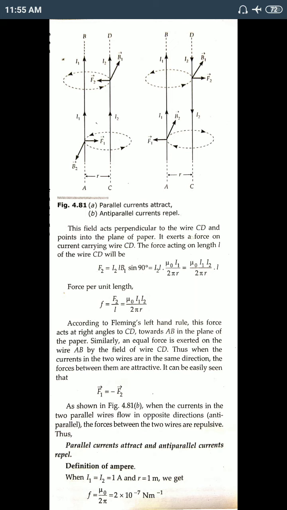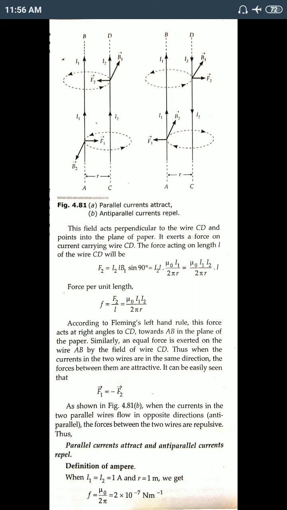If you apply the right hand thumb rule, you see that it points normally into the plane of the paper. So you can use the cross sign also in the diagram.